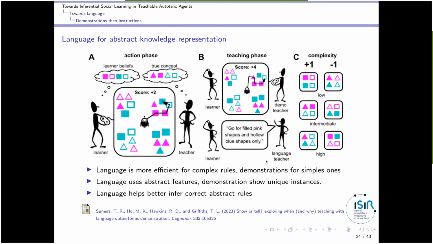And there is also this paper where they show that the key thing is that a demonstration just shows you a unique instance. So from a few instances, you have to infer the rules, whereas with language, we give you directly the rules. So when what you want to learn is complex, it's easier with language, because you can convey complex rules with language more easily than complex demonstrations.